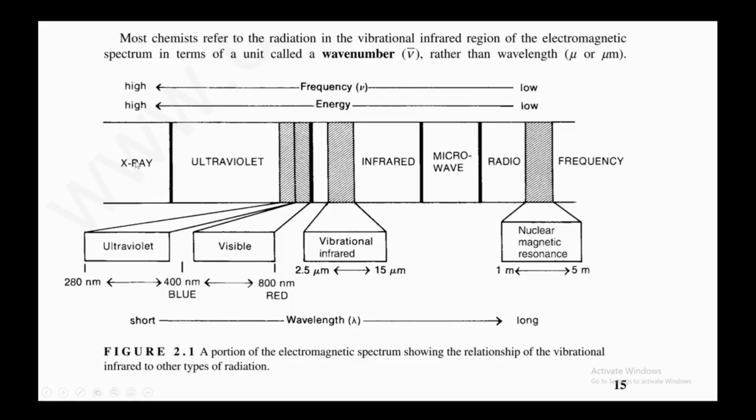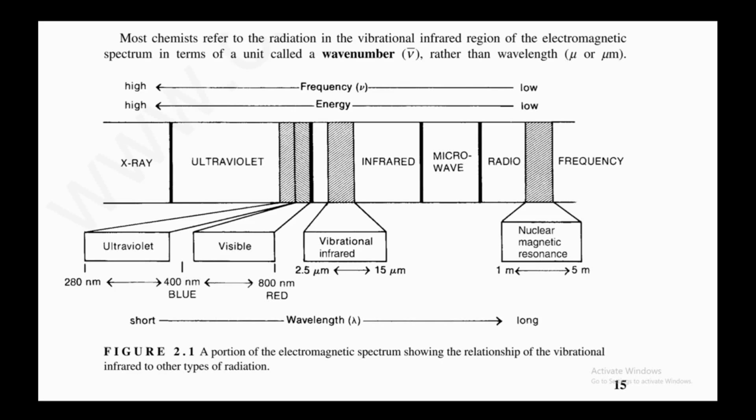X-rays are far out on the left-hand side, and the nuclear magnetic radiations or radio wavelengths are far out on the right-hand side. Next to X-rays is ultraviolet, then visible, then infrared or vibrational infrared, then microwave, then radio, and next to radio is NMR, nuclear magnetic resonance. X-rays possess the shortest wavelength, and the radio waves possess the longest wavelengths.